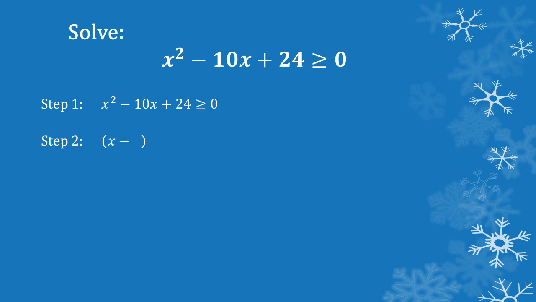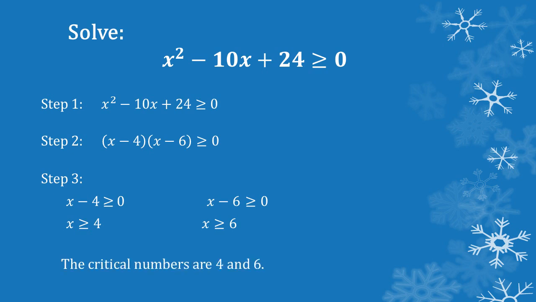In step 2, we factor it, and the result is the quantity of x minus 4 times the quantity of x minus 6 greater than or equal to 0. In step 3, in x minus 4 greater than or equal to 0, we have x greater than or equal to 4. And in x minus 6 greater than or equal to 0, we have x greater than or equal to 6. So the critical numbers we have are 4 and 6.